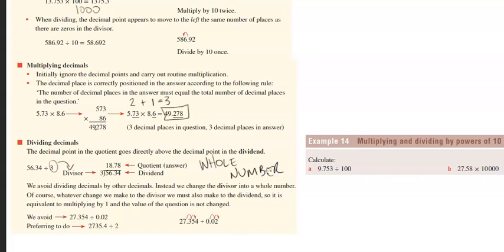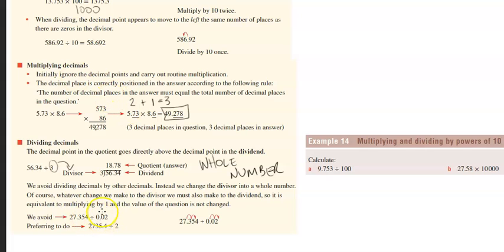You'll then get scenarios where we get a question like this, 27.354 divided by 0.02. It's hard to use 0.02 as a divisor because it's a decimal number. We're so used to whole numbers, generally between 1 and 9, as a divisor. So to compensate for this, we want to change this divisor to be a whole number.